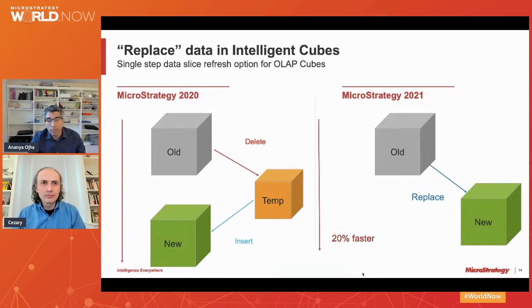Now, this new capability for intelligent cubes for replacing the data can be best illustrated by giving an example of our banking customers. Our banking customers have a lot of remote offices in different parts of the world where they are creating trades and having positions throughout the day. So their remote offices send data back to the headquarters as up-to-the-hour batches for the day.